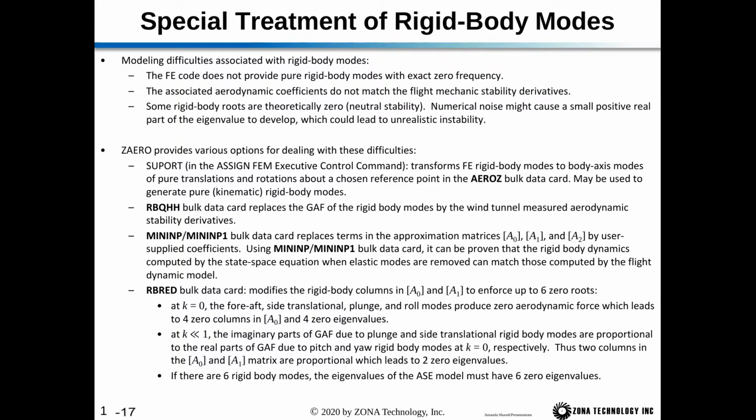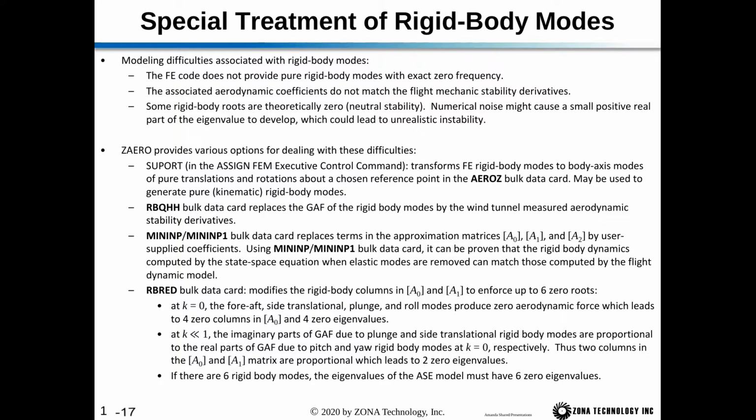The RBQHH will update the GAFs, which will affect the RFA approximation. However, once you go through the approximation process, you're not guaranteed to recover those exact stability derivatives. So using the MINIMP1 bulk data card allows you to simply replace those terms in the A0, A1, and A2 matrices by those measured values to give you back exactly the stability derivatives that you know are correct.